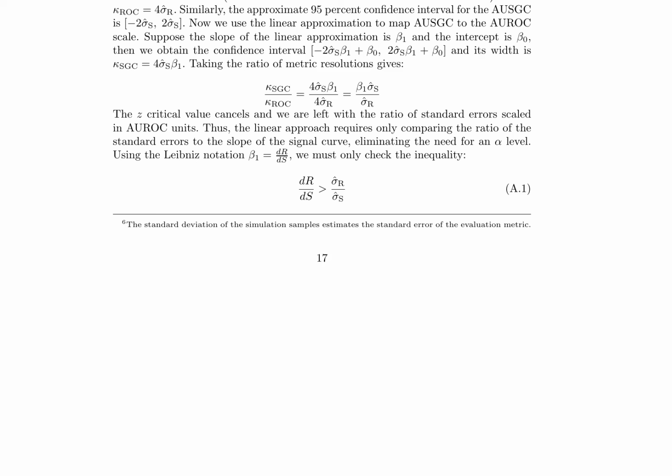The ratio of metric resolutions is then kappa SGC over kappa ROC equals beta 1 sigma S over sigma R, representing the ratio of standard errors scaled in AUROC units.